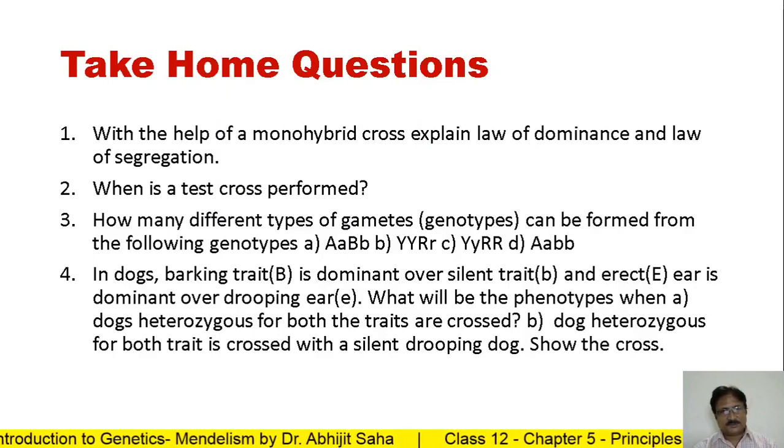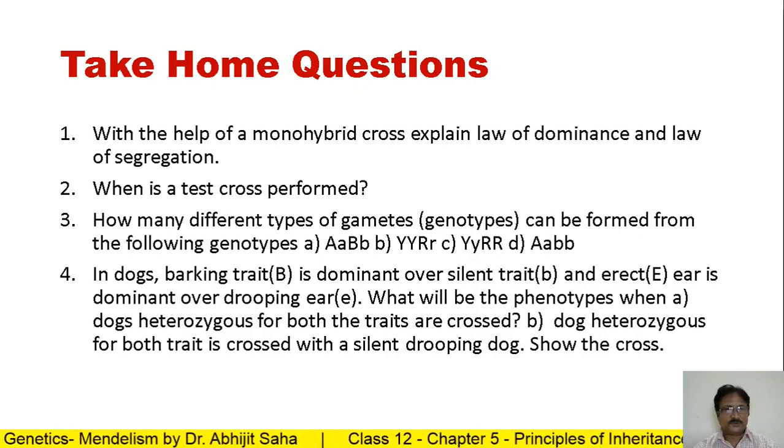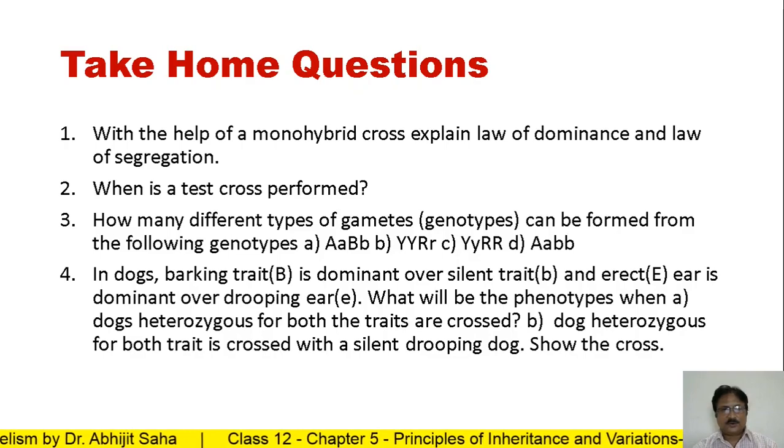One interesting question. This is very much similar to what we have studied in the dihybrid cross. You can read here, in dogs, barking trait is dominant over silent trait, and the erect ear is dominant over drooping ear. What will be the phenotypes when dogs heterozygous for both the traits are crossed?